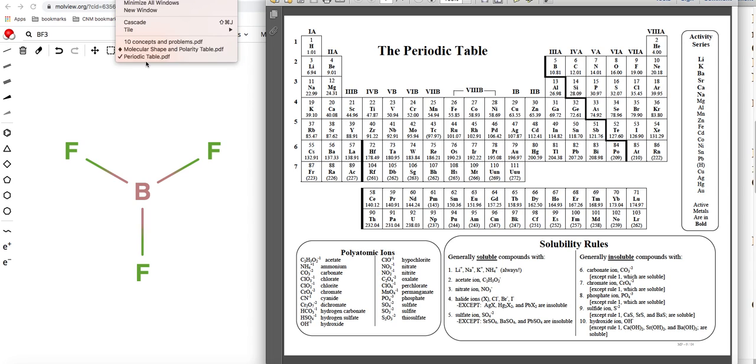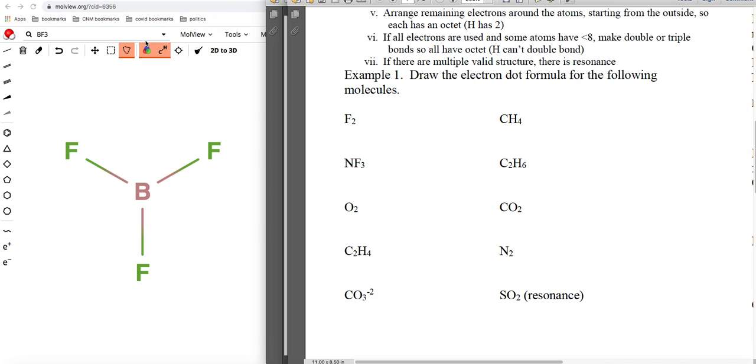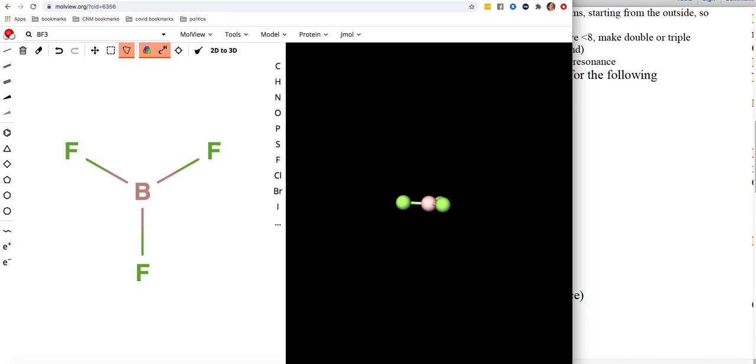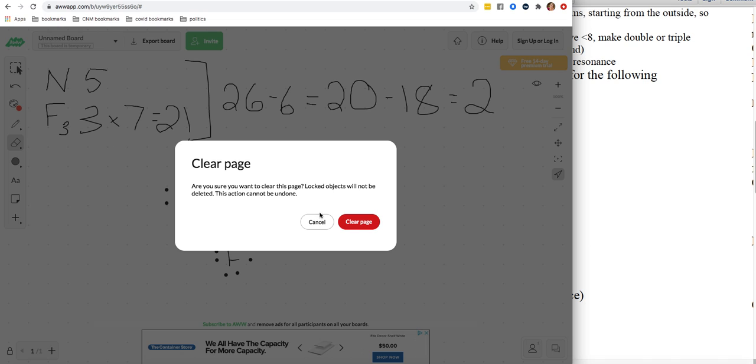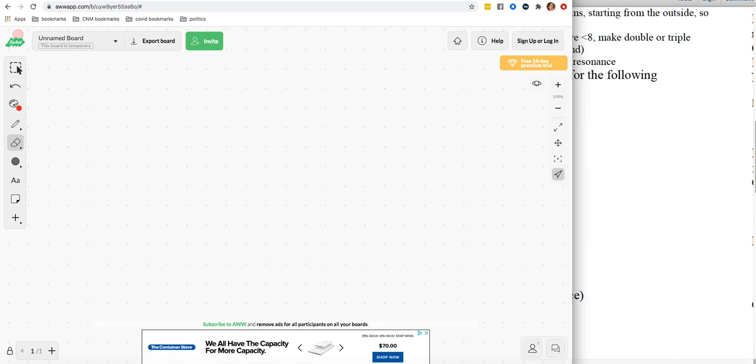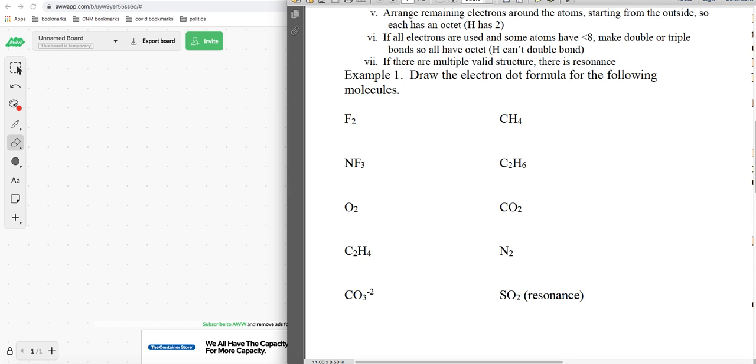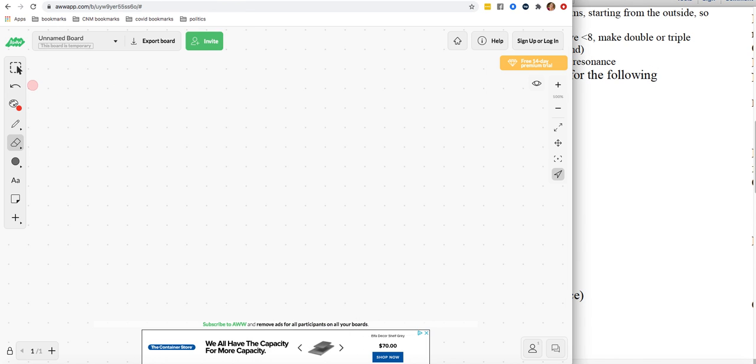So then, what do we have next? Okay, C2H6, that's another good example to do. Okay, so we're going to clear this. And so C2H6, from the periodic table, we already know carbon is 4.